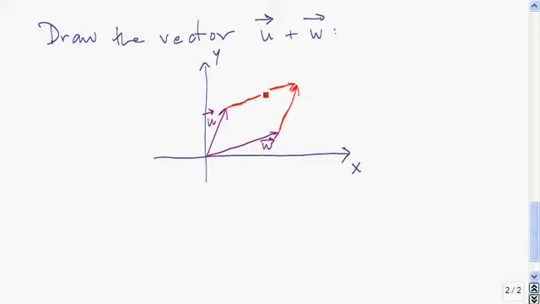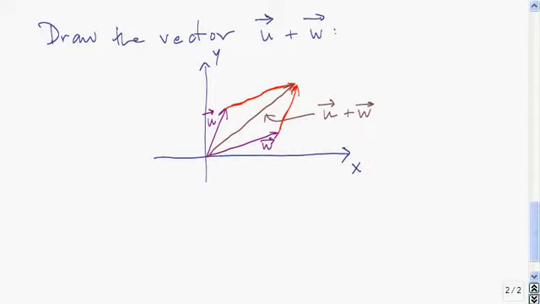I tried as carefully as I could to make this vector equivalent to this vector u, with the exact same magnitude and direction, and the same with this vector, which is equivalent to the vector w, only placed right here. That's how we form our parallelogram. Then u plus w is the vector which is the diagonal. So here we have the resultant vector.